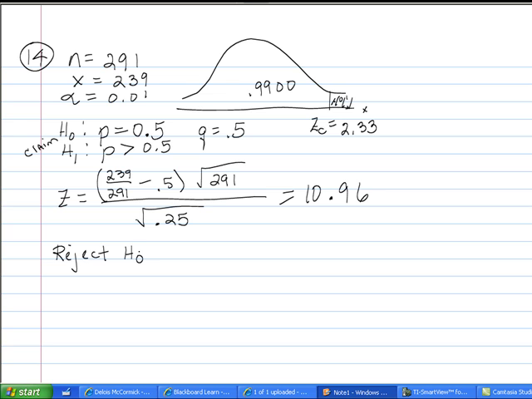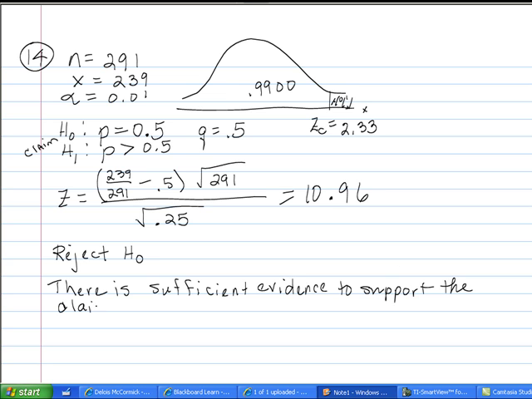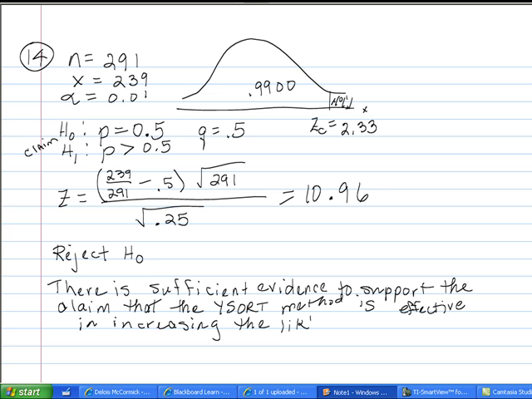There is sufficient evidence to support the claim that the Y-sort method is effective in increasing, and I'm taking this straight from the problem, the likelihood that a baby will be a boy.